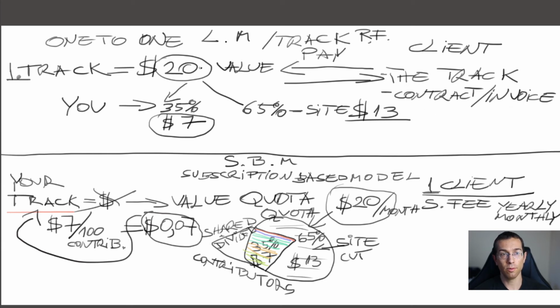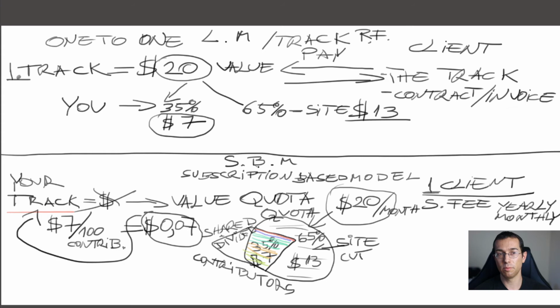And then from that $20, the company where you are selling your tracks is taking its share. In this case, we calculated 65%, and you are receiving the 35%, your cut, which is $7.